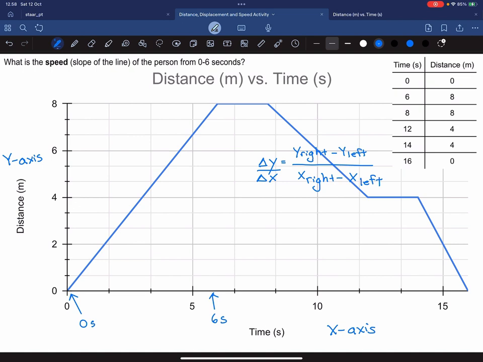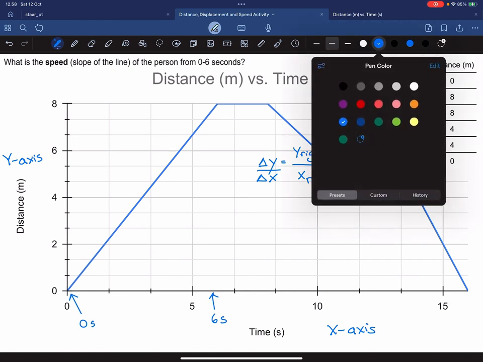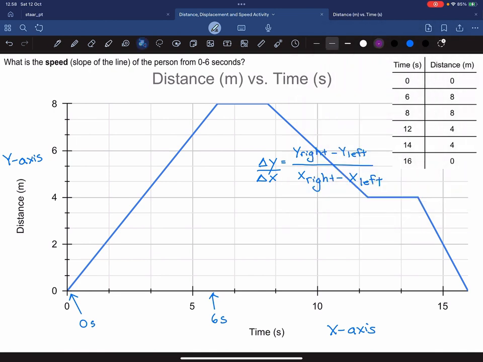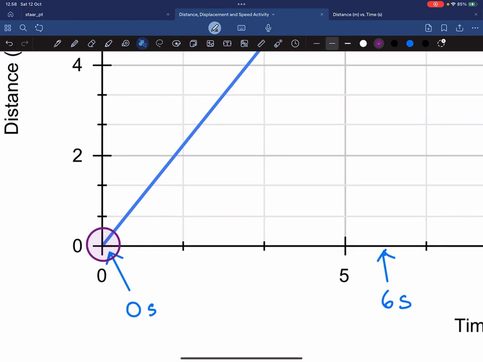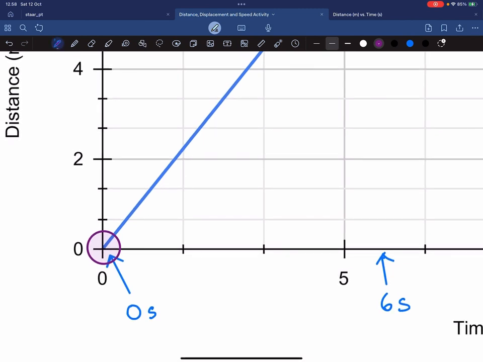All right? So the first thing that we're going to need to figure out is what is the x left and the y left. So that is that point right there that I just circled in purple. Okay? So the x left is going to be 0.